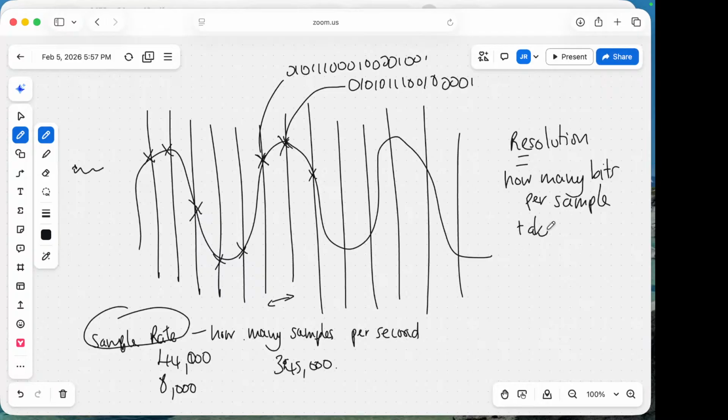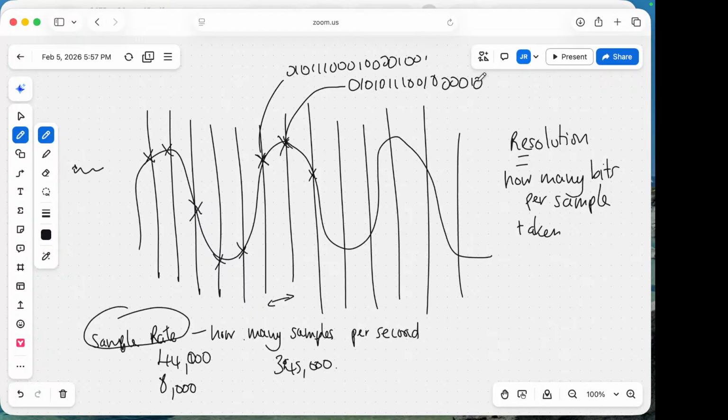Normally it's around about 16, but if you think about it, it's the same with anything in computing. The more bits you have, the more storage you're going to use and the better quality it's going to be. Doesn't necessarily mean it's fast, but it's the same with CPUs: the higher the number for the CPU, the better and faster it's going to be. And it's the same with this.